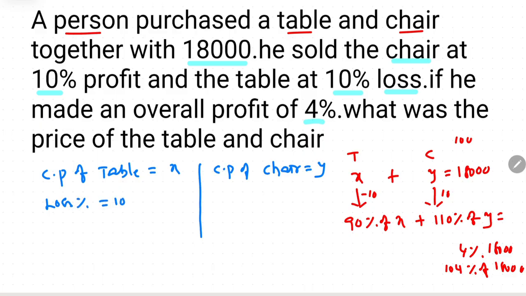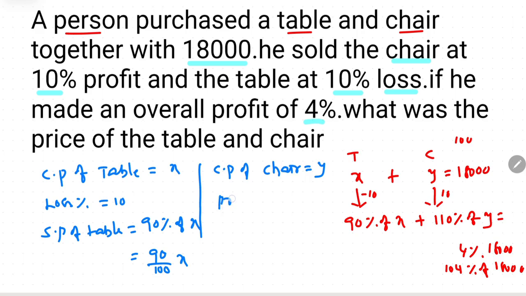That is 10. So what is the selling price? As the loss is 10%, he sold it at 90% of X only. So 90 by 100 X.